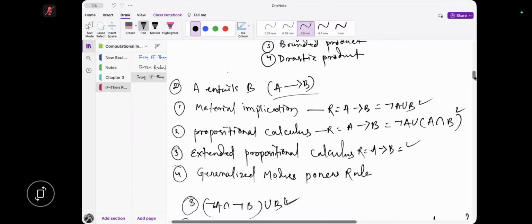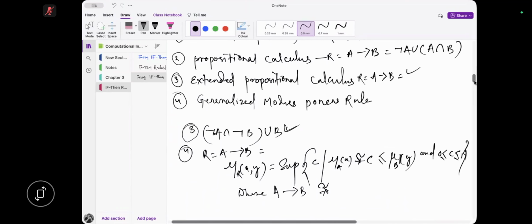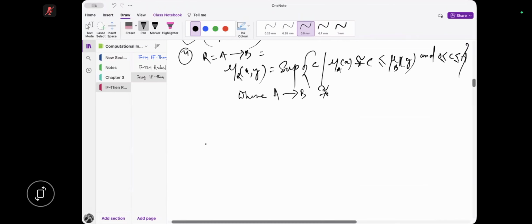Okay, I hope you have noted it down. Let us have a universe X, or universe X and Y both denote the same space.